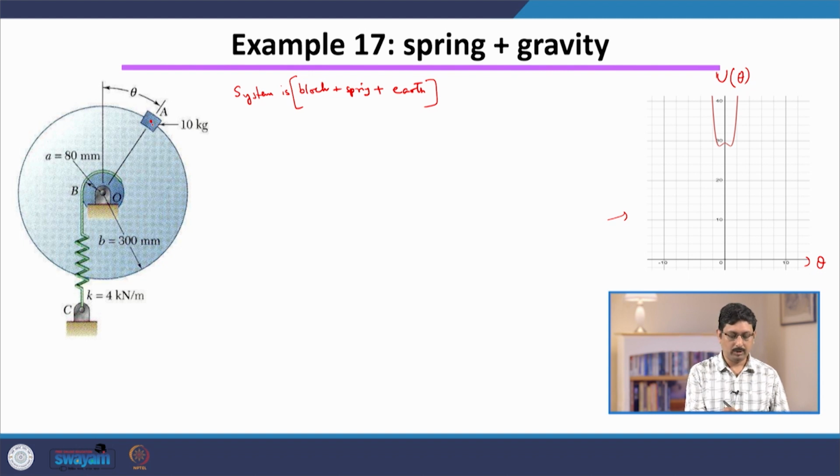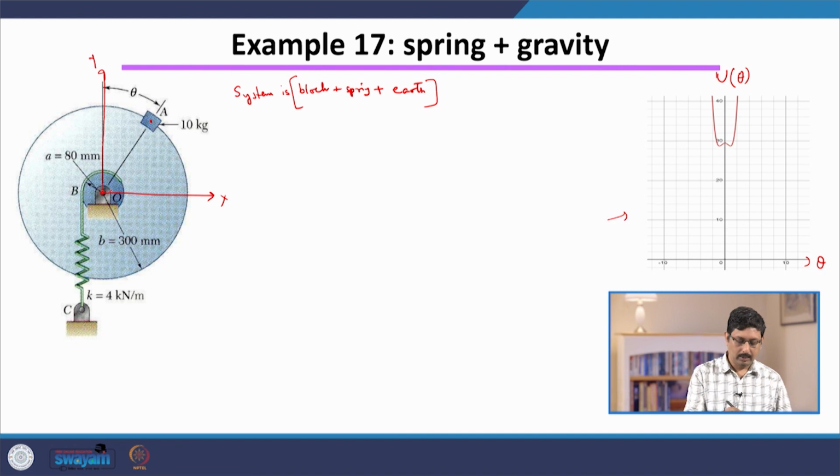The first contribution is, as you change theta, the position of the block changes, which means the gravitational potential energy of the block changes. So, how much is the gravitational potential energy? Let us take this point O as our origin, and this is our x axis, and this is our y axis. So, theta equal to 0 is the y axis.